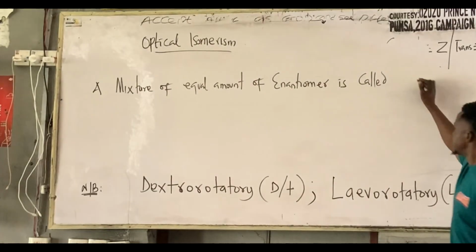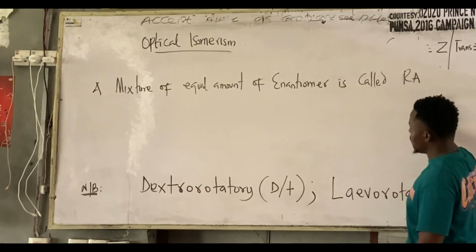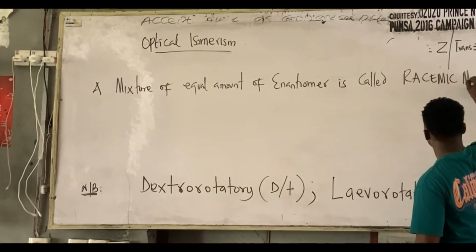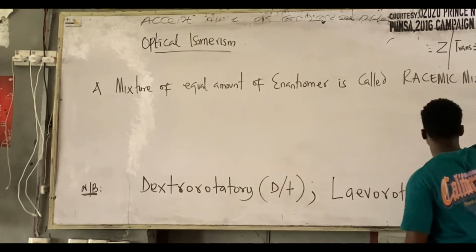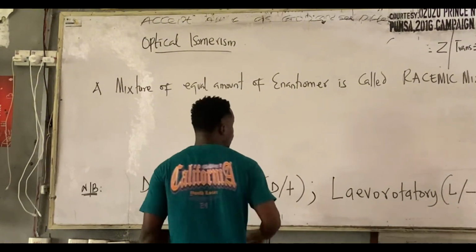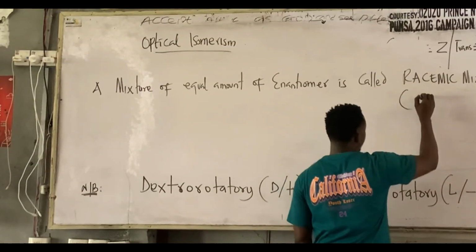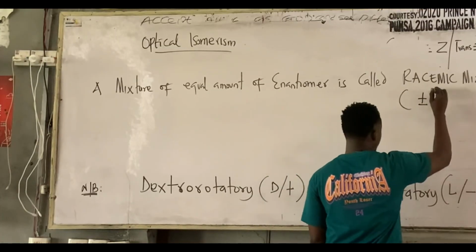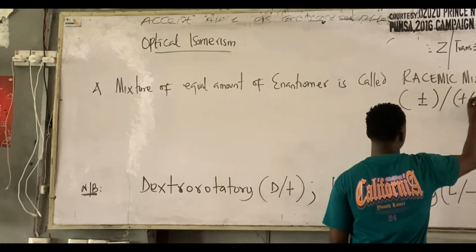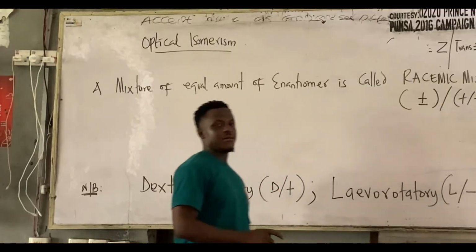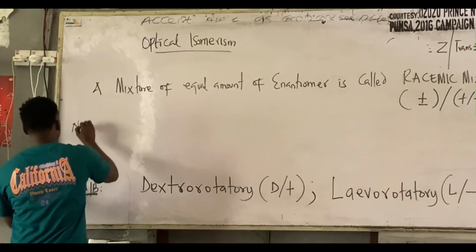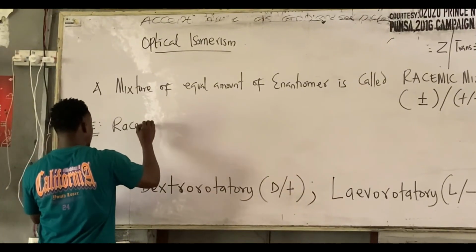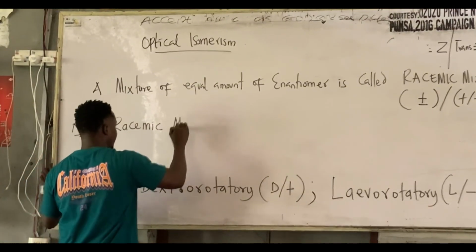Racemic mixture. A mixture of equal amounts of enantiomers is called a racemic mixture, which is symbolized by plus-minus. Note, a racemic mixture is optically inactive.